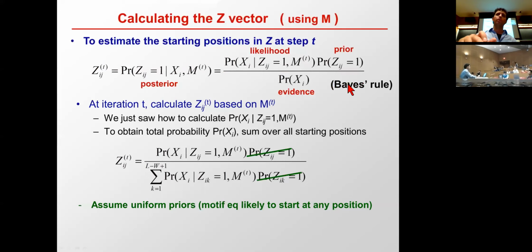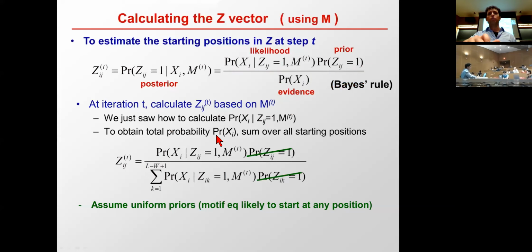So what I'm going to do is use Bayes' rule, just like we have before. Given the prior of having a motif start at that position, and given the evidence of the probability with which my generative model can generate the entire sequence, I can infer the posterior probability. Okay. At every iteration, I can calculate Zij based on the previous motif and the previous definition, and we can calculate that very easily.